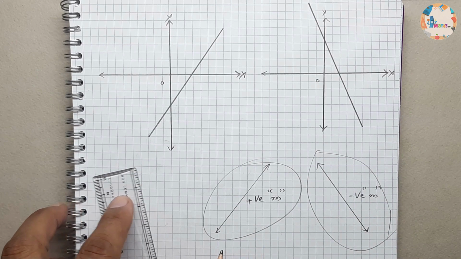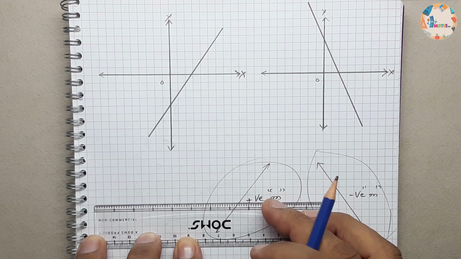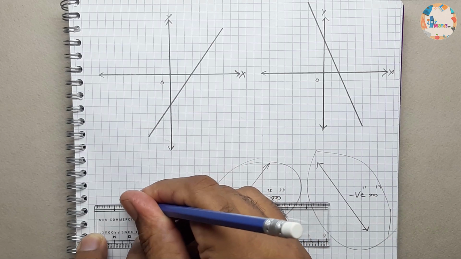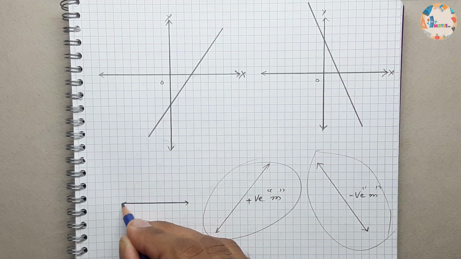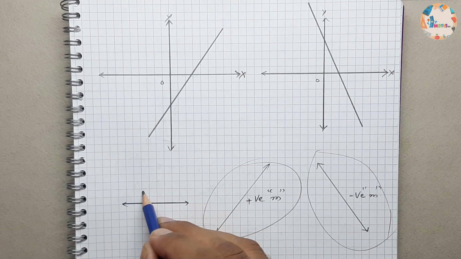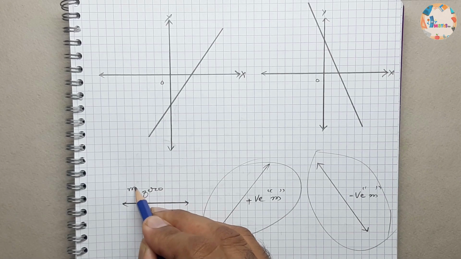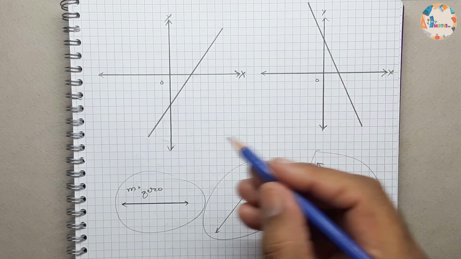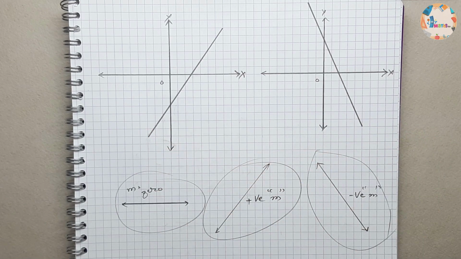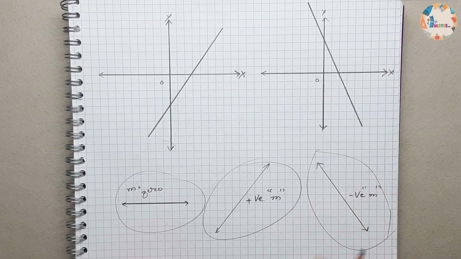Similarly, if a line is horizontal, like this one, it will have zero slope, so the m value will be equal to 0 in case it is a horizontal line. So just by seeing these lines, we can tell whether the slope is positive, negative, or 0.